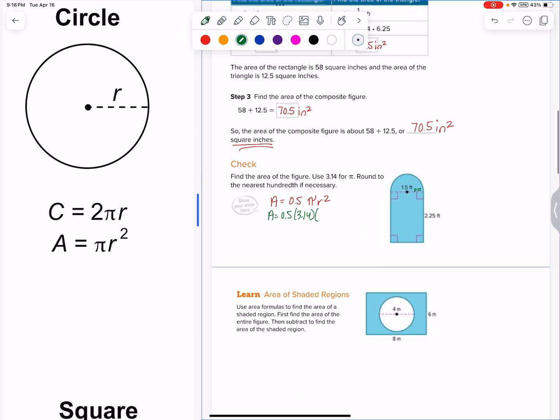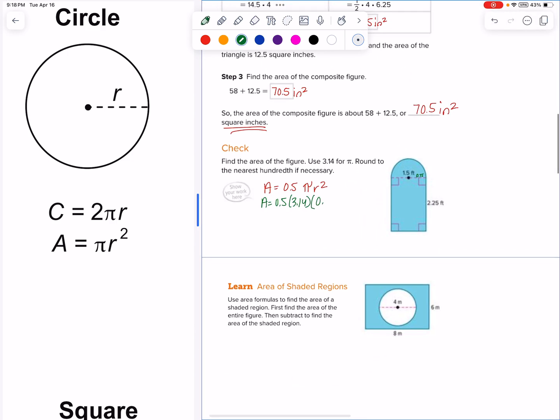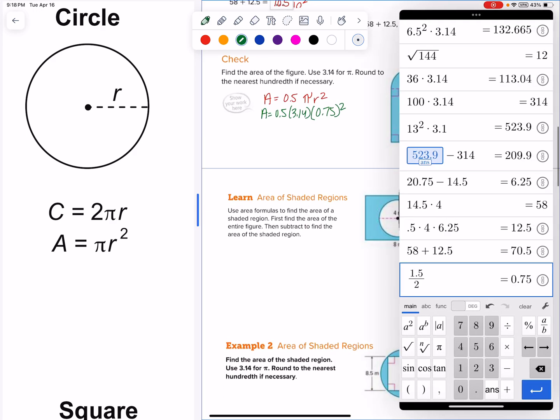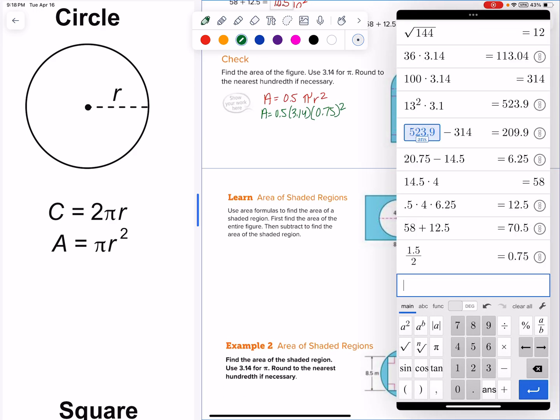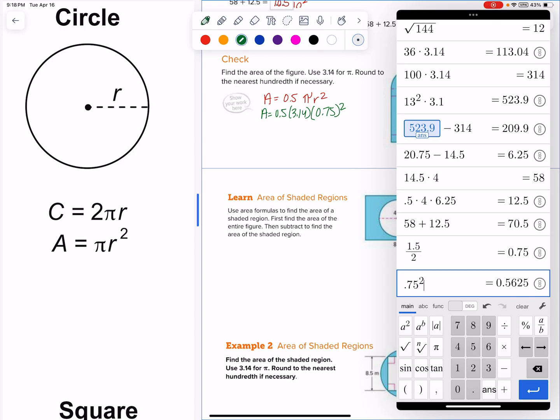So that's what we're going to use, is 0.75 squared. Let's go ahead and plug everything in here. So we're going to do our 0.75 squared first, because the order of operations dictates that. Then multiply by 3.14, then multiply by 0.5, and we get area equals 0.